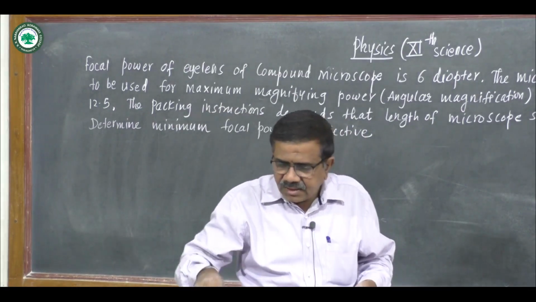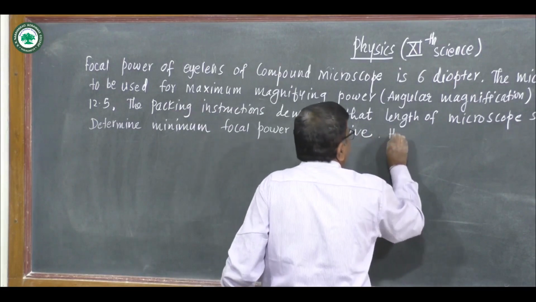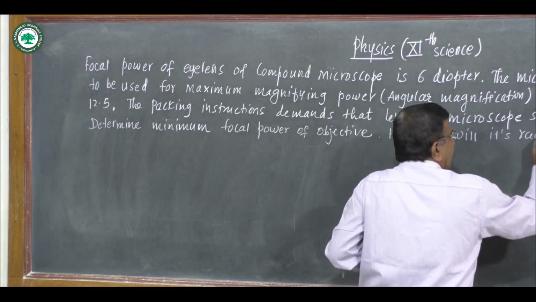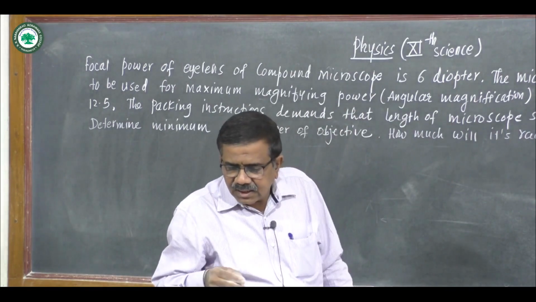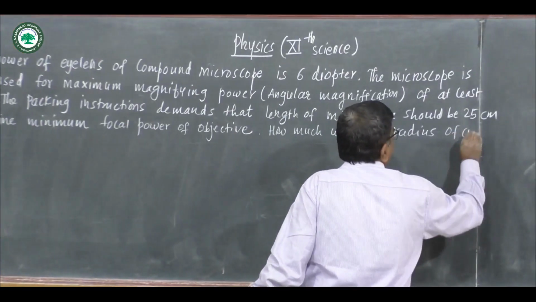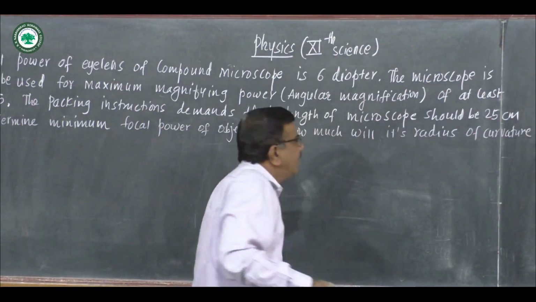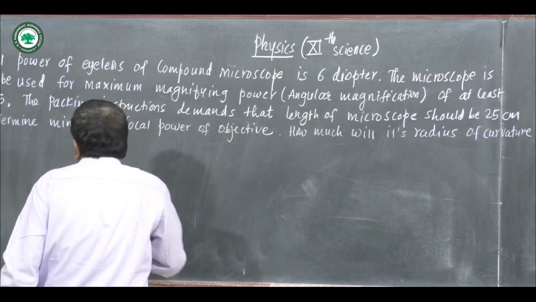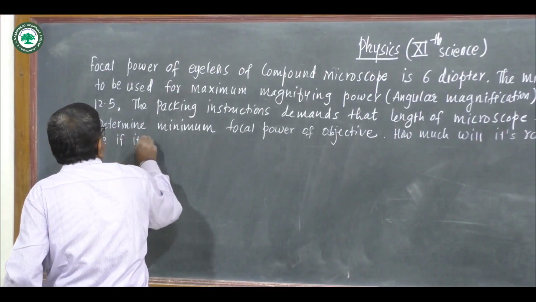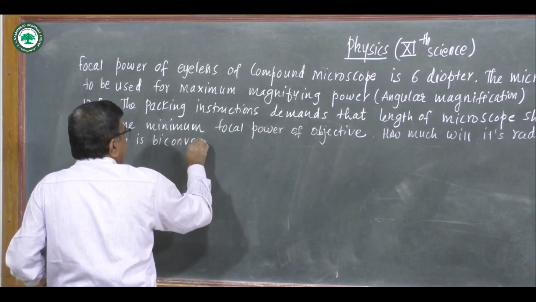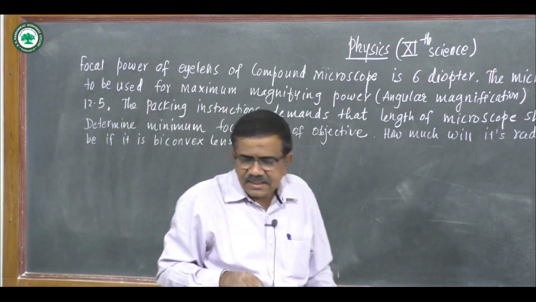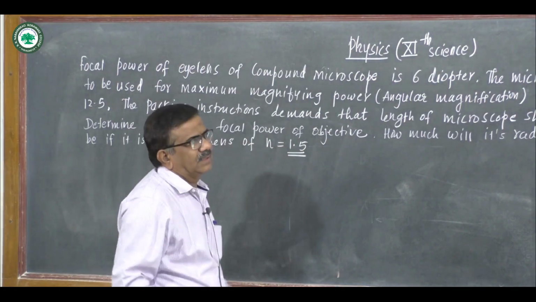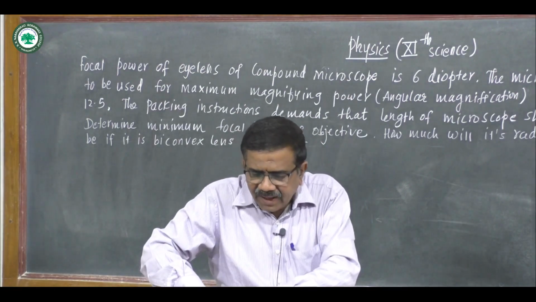How much will be its radius of curvature if it is a biconvex lens of refractive index 1.5.